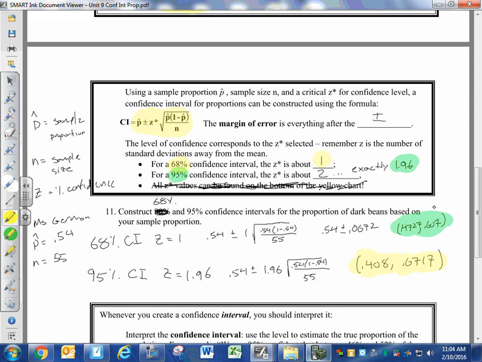What could I do with anything that I did with finding our beans to make this a smaller range, but keep the z value the same as 1.96? How can I shrink the standard deviation, maybe?